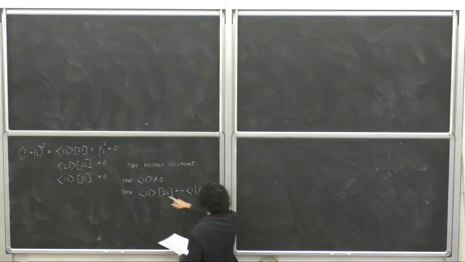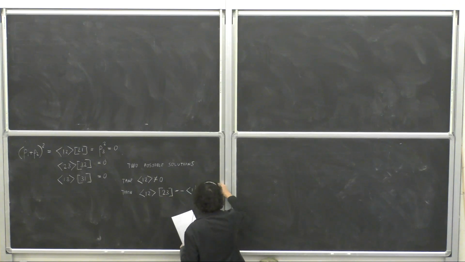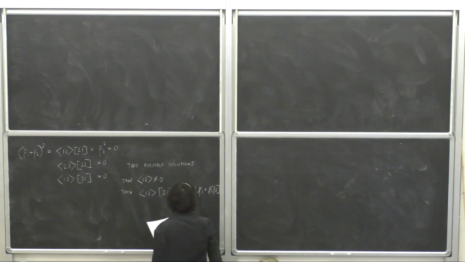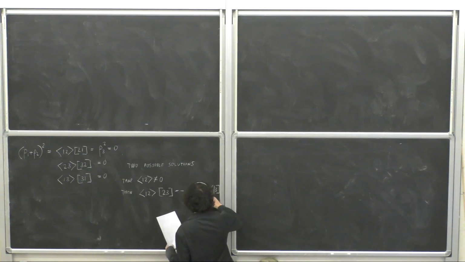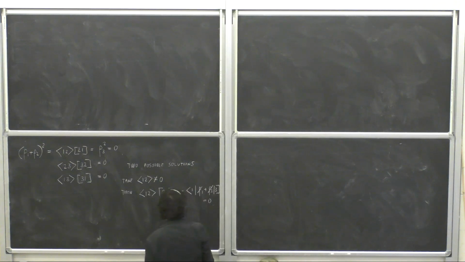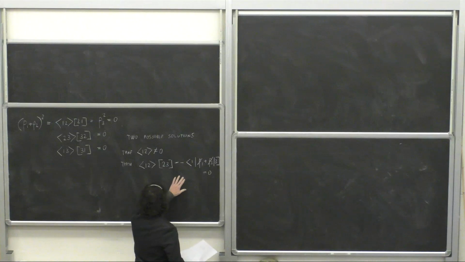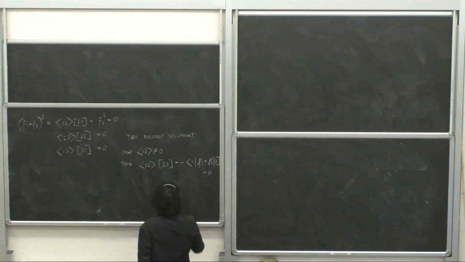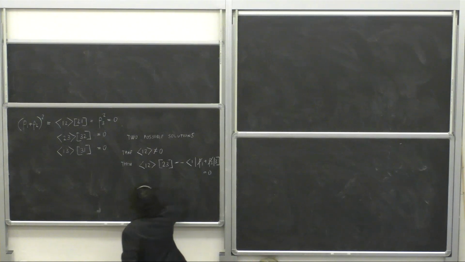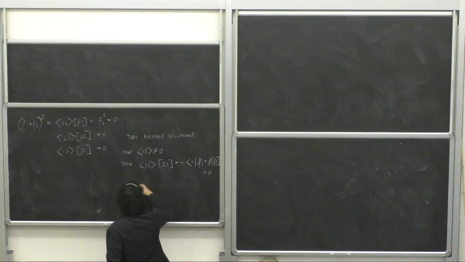So this is just a re-expression of P2 by momentum conservation, and here there is the 3 ket. So this is equal, of course, to 0 due to a combined use of Dirac equations. So this tells you that if 1, 2 is different from 0, then 2, 3 needs to be equal to 0.